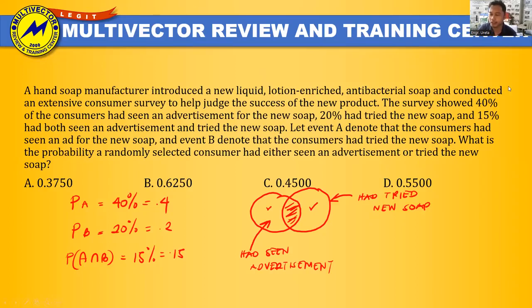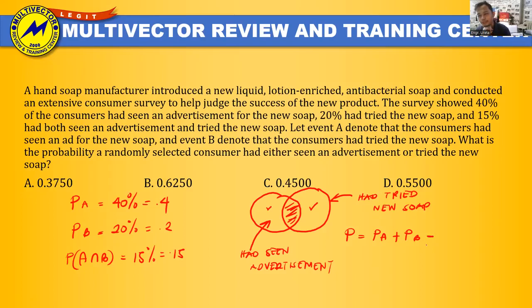Okay? So dito, the probability, okay, of either dun sa dalawa, no? Probability P is just equals to yung probability na nakita nila yung advertisement ng soap, okay? Plus yung probability naman daw na ginamit nila yung soap minus, okay?